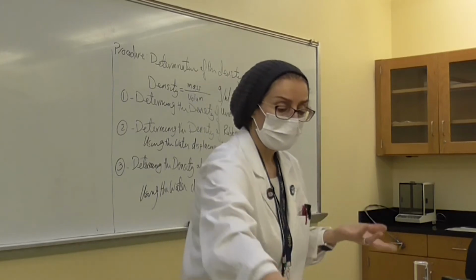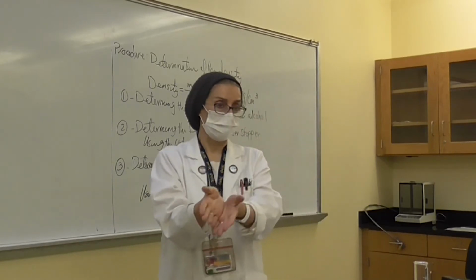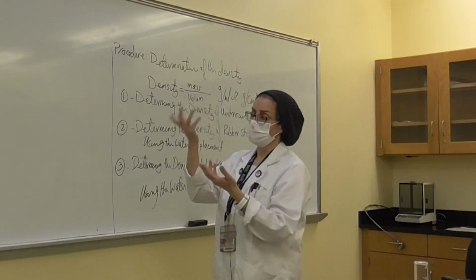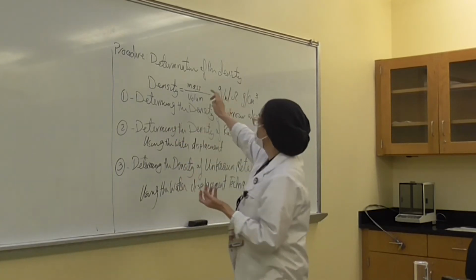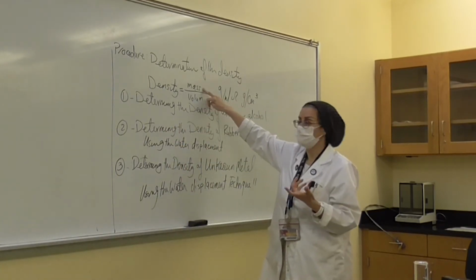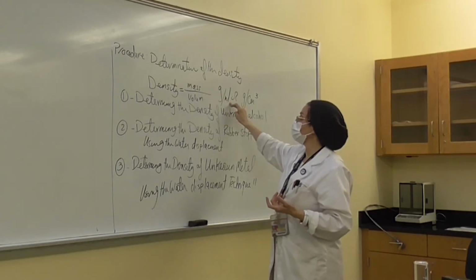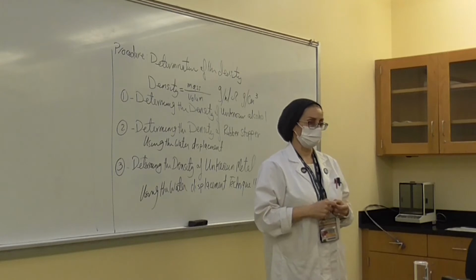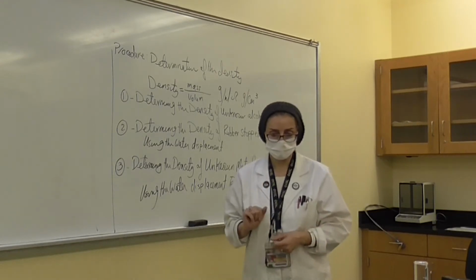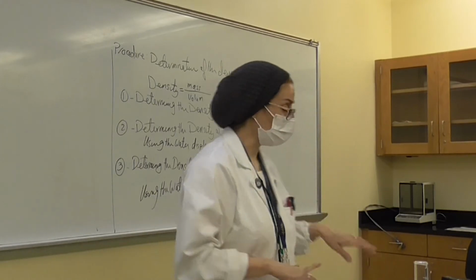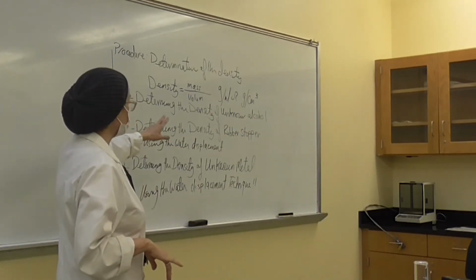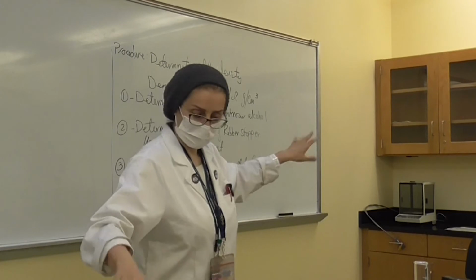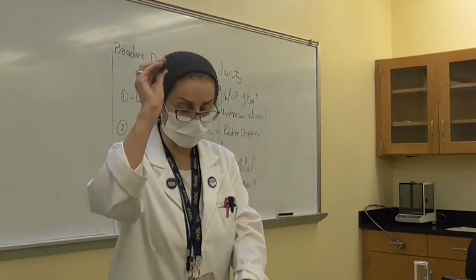So now we know the volume, and we know the mass we calculated. Dividing the two will give you the density of that alcohol. Okay? Now, the other part is determining the density of the rubber stopper, this one.